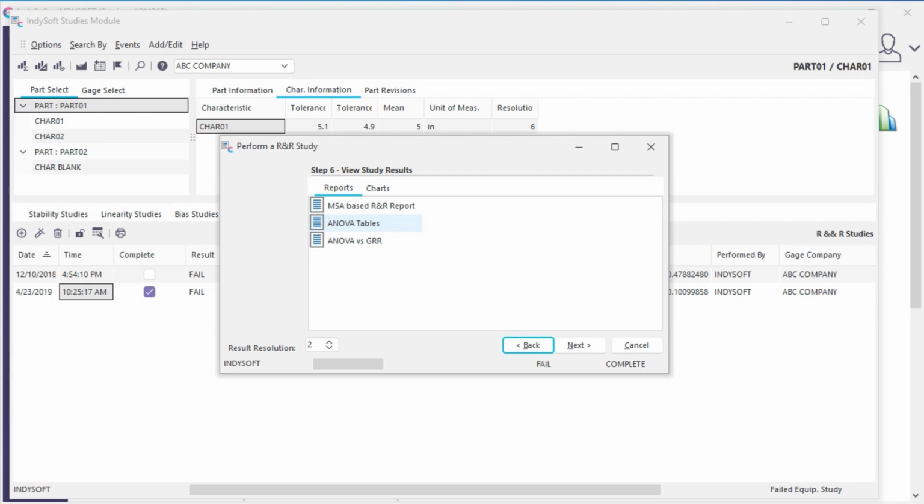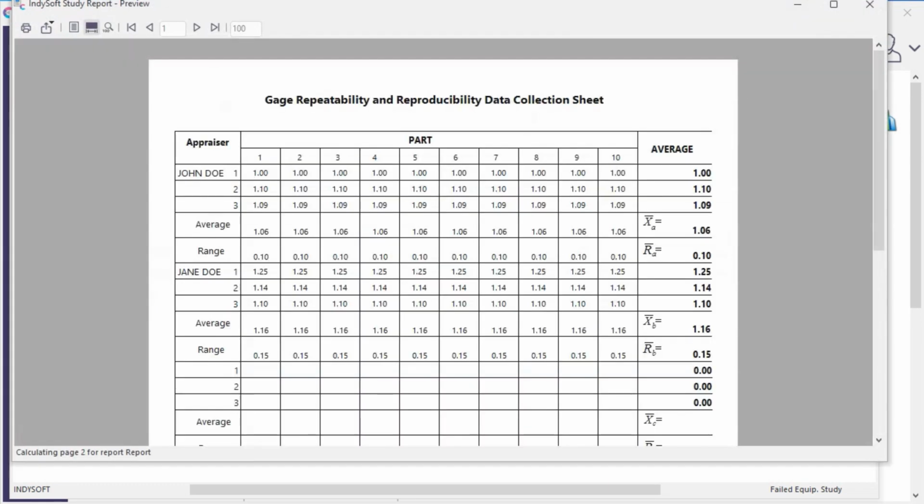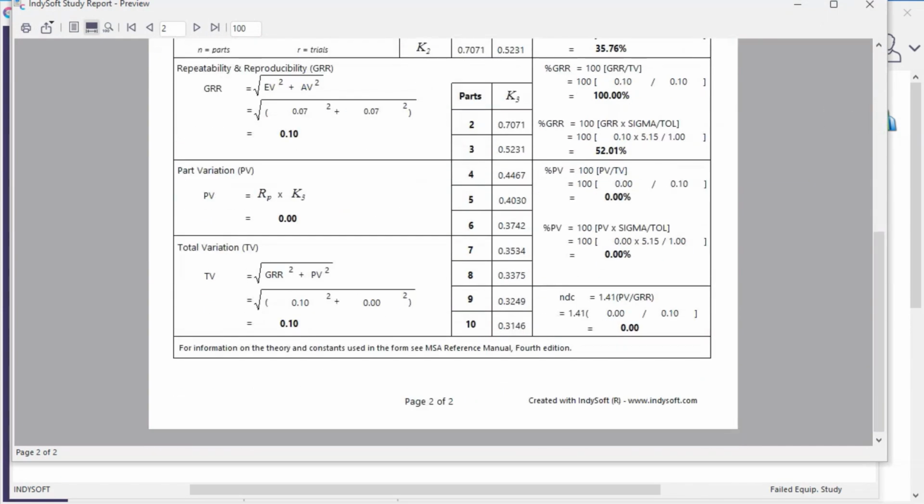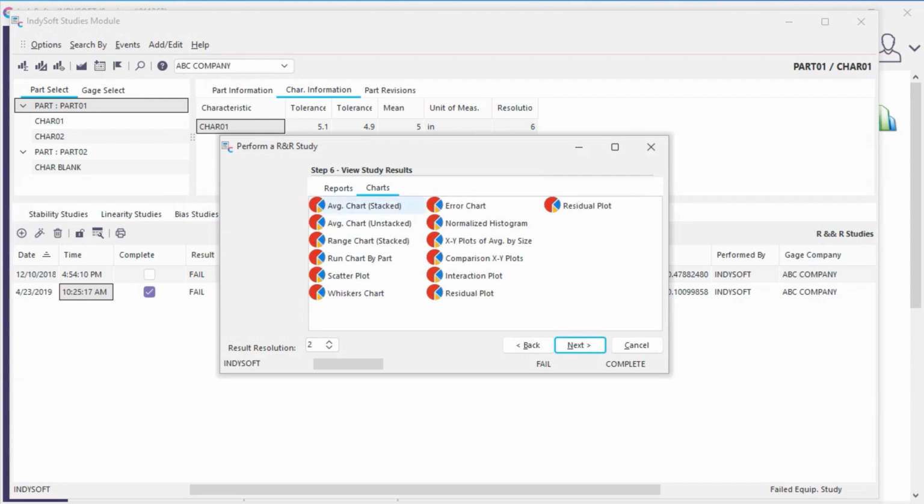And if you have different technicians using the same equipment, do they all use it the same way to get consistent readings? Here you can see we've got 3 charts. Again, these are defined in the MSA, and then we've also got a whole bunch of different charts for reviewing what your data looks like.